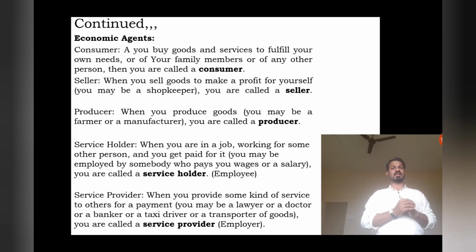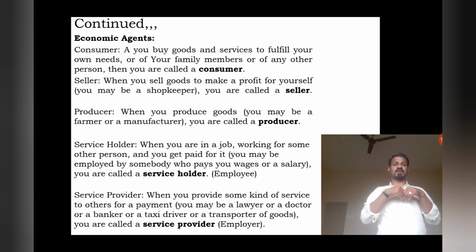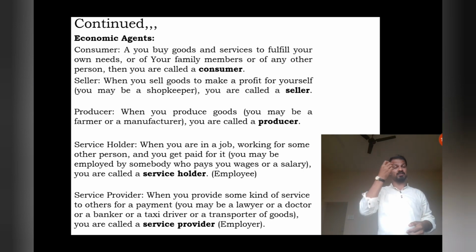Like service holder. We can call them an employee. The term itself tells us that a service holder is a person who has a service within himself, so he can serve others. Holder means having. Those individuals who have a service and can work for others are called an employee or service holder.